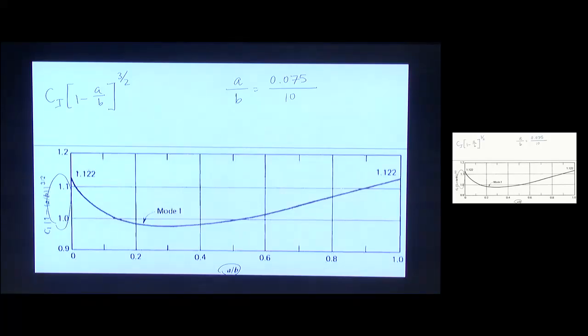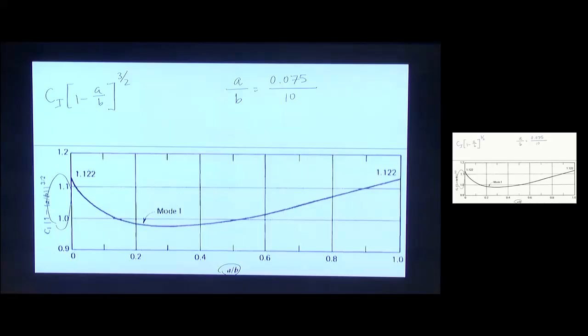So it really is a very small change there. And so the book is sort of quick to point out that regardless of how big the crack grows, our C1 is not really going to change that much.